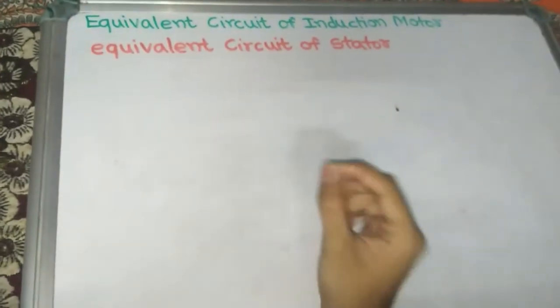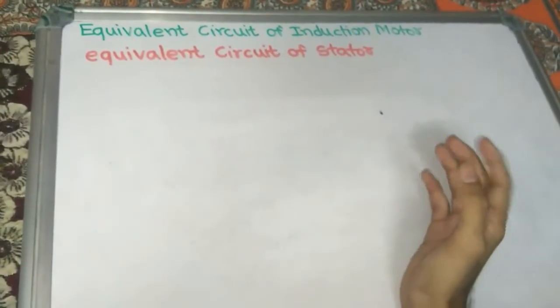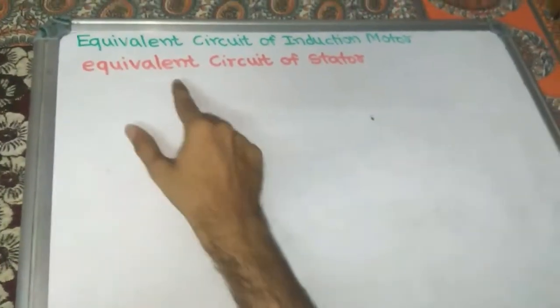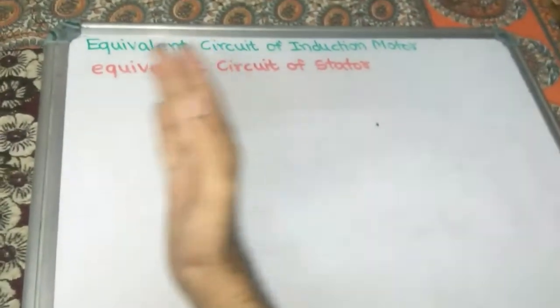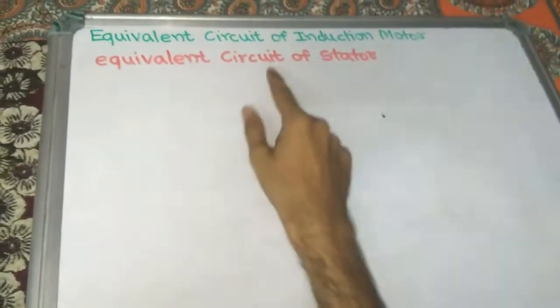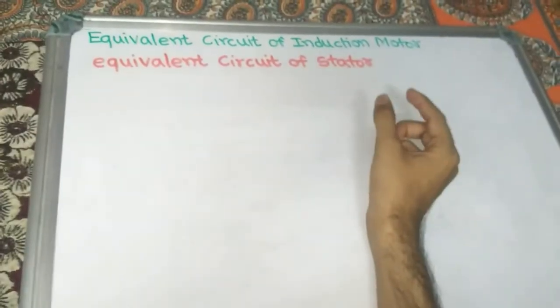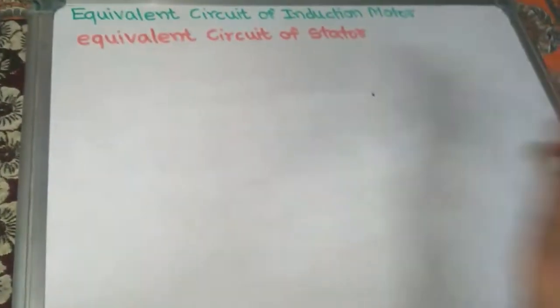So if only one difference occurs in the secondary winding, the primary winding equivalent circuit of the three-phase induction motor is similar to that of a transformer. We can say that. So first draw the equivalent circuit of the stator, that is the primary winding of the three-phase induction motor.